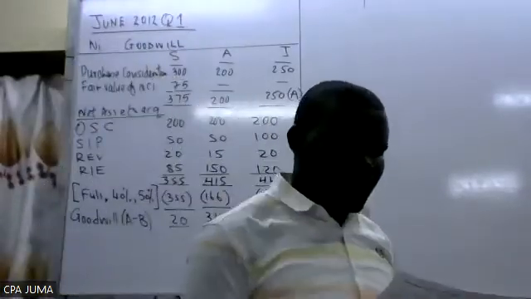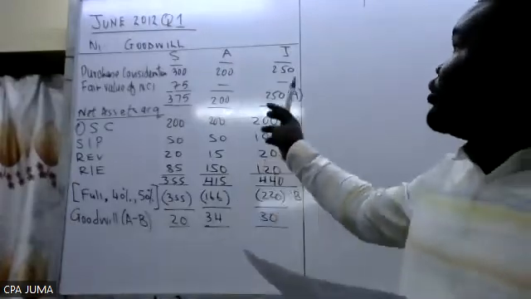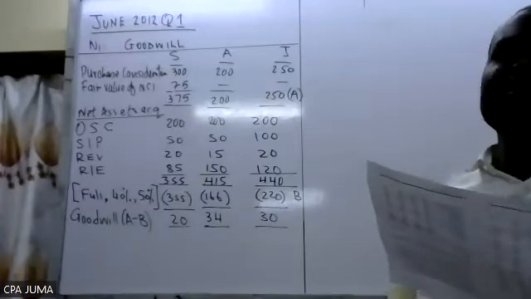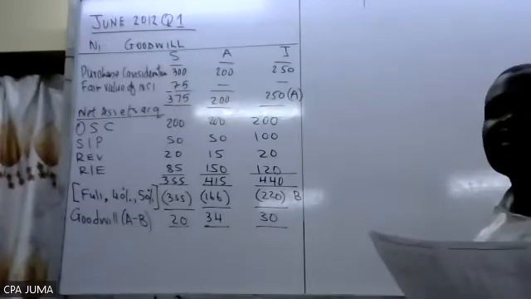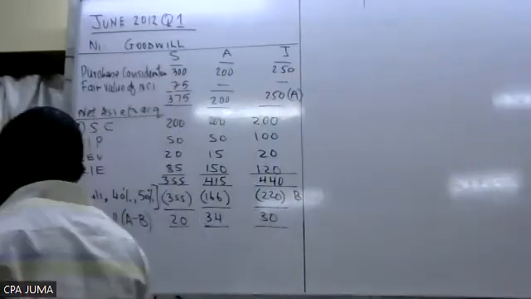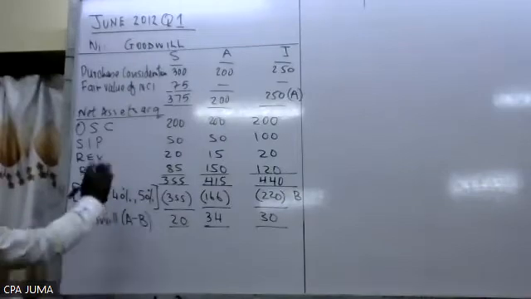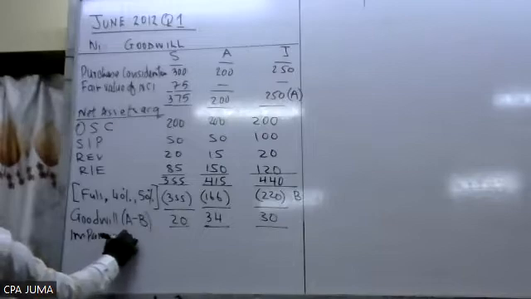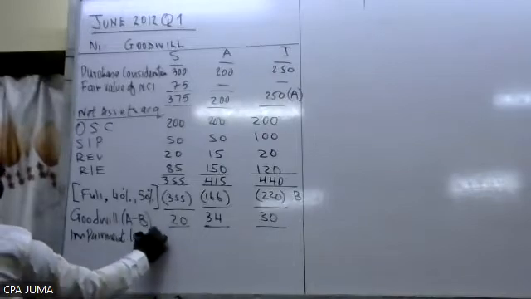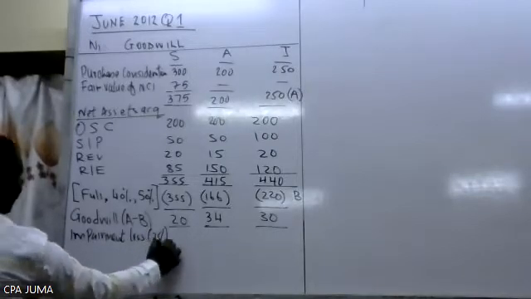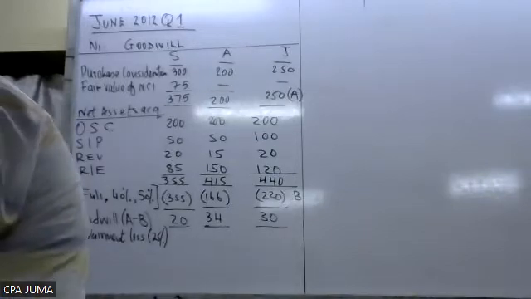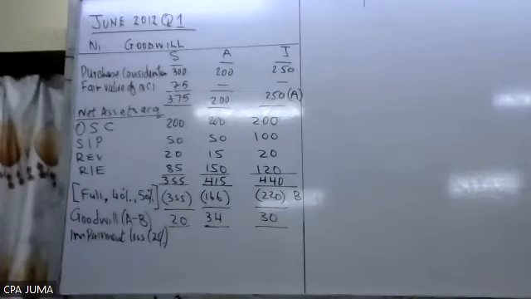All the goodwill of the three companies in which H has invested are estimated to be impaired by what percentage? 25%. So impairment loss, so that I finish this issue. Calculate 25% in each case.